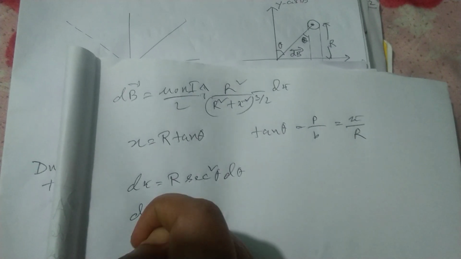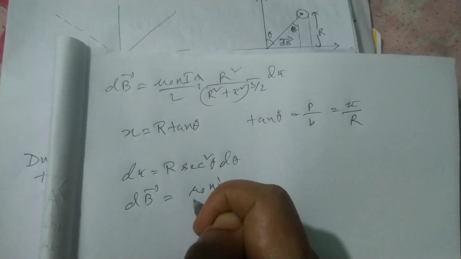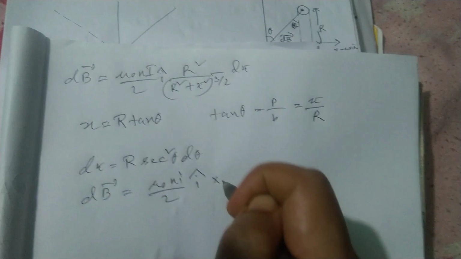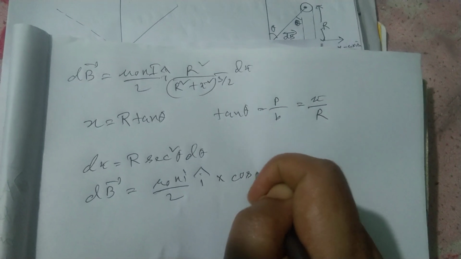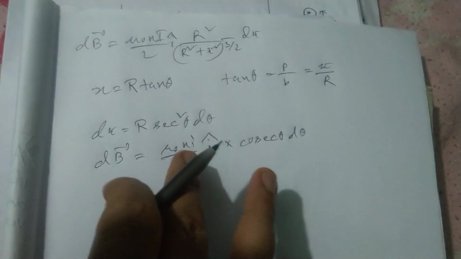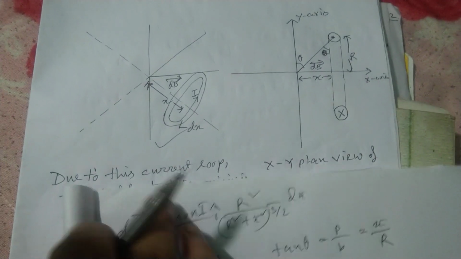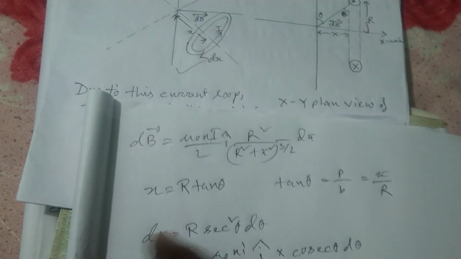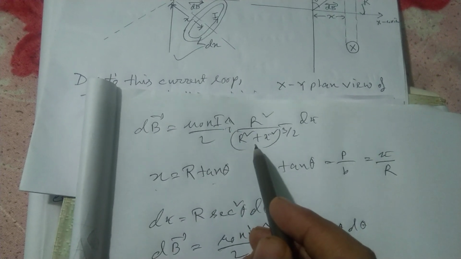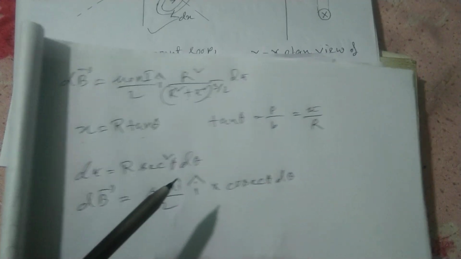So dB is equal to mu 0 n I divided by 2 i cap, cos theta into d theta. So this is the total, because I am just putting the value of x.